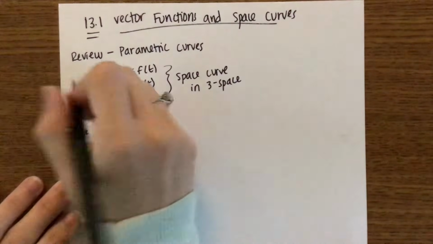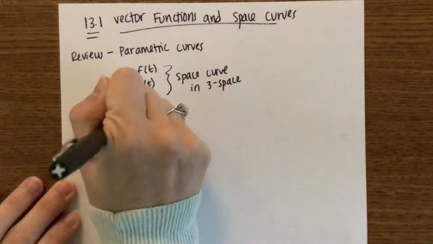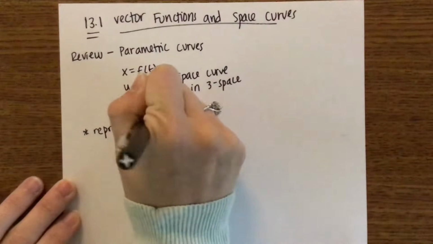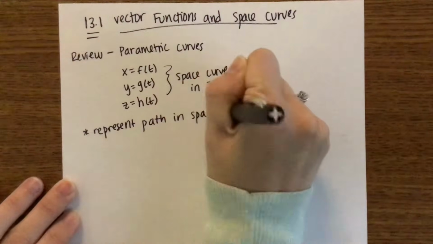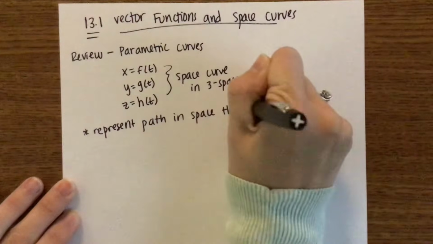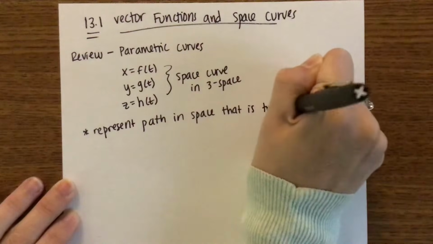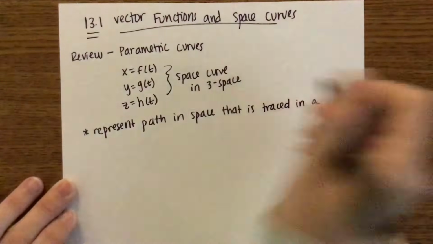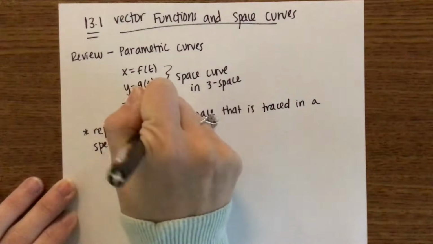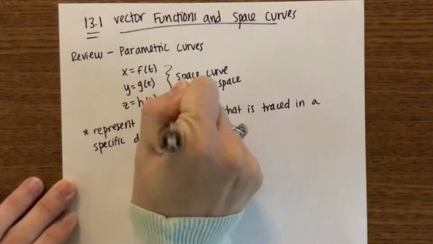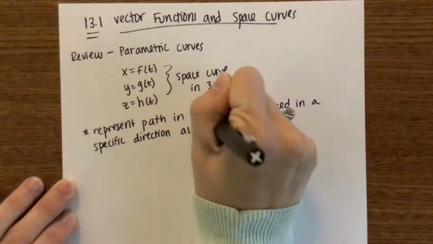Now, those equations represent a path in space that is traced in a specific direction as t increases.